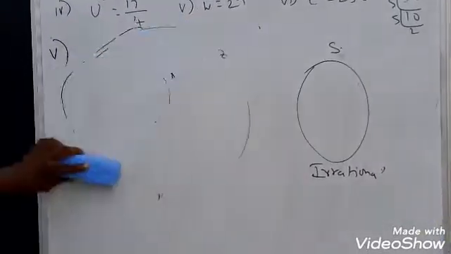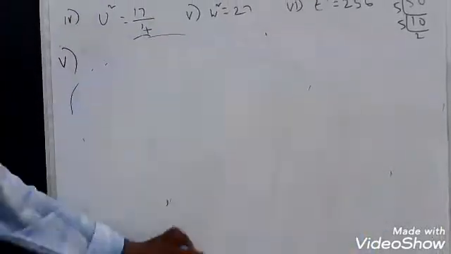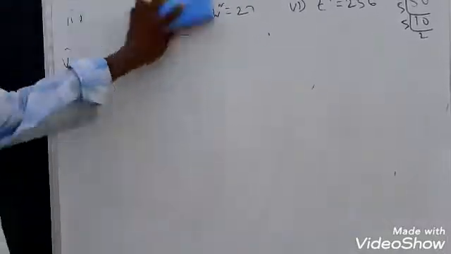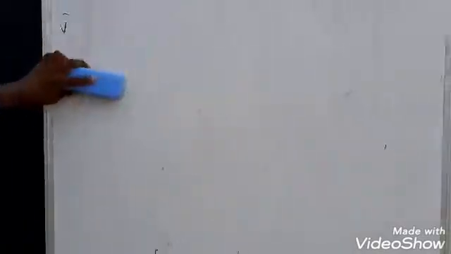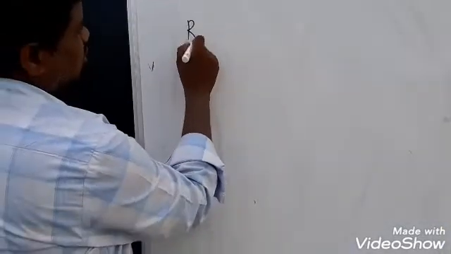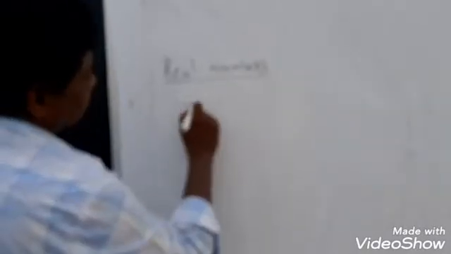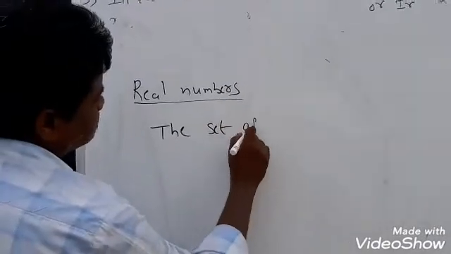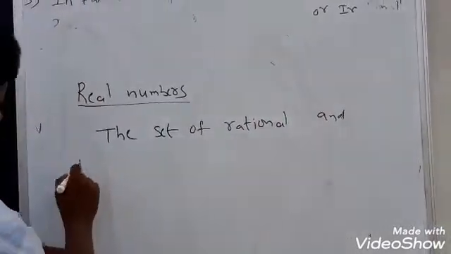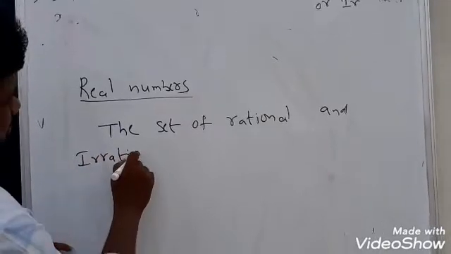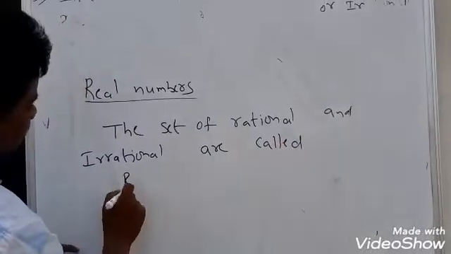So if anybody asks you the definition of real numbers, what can you say? Real numbers are the set of rationals and irrationals together.